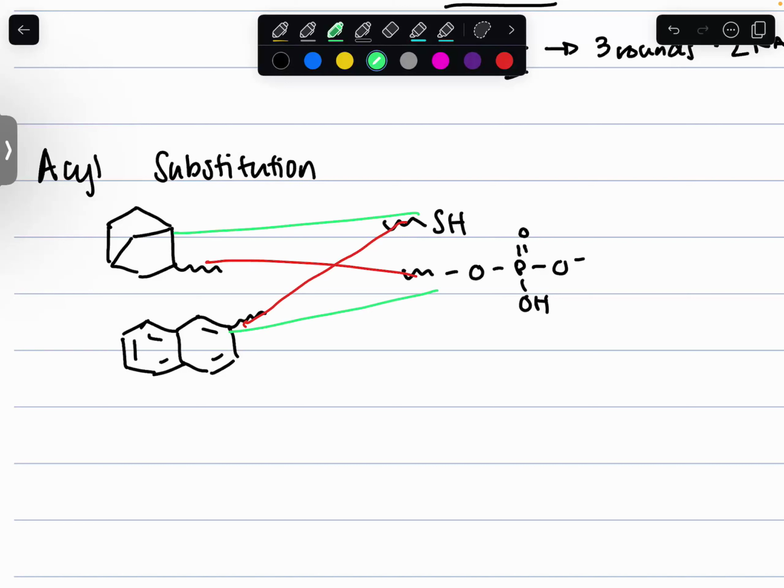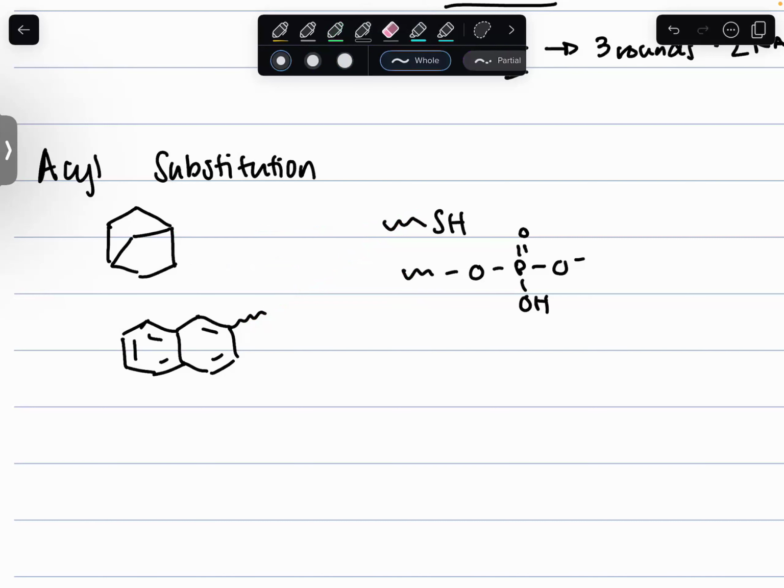I'm gonna work through the one he didn't do, because the one he did do is on mine. So for this example, we are going to attach our phosphate to this hexane.